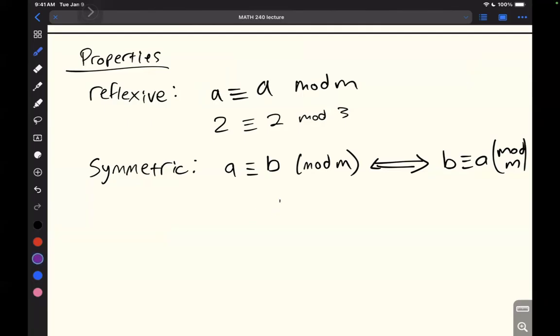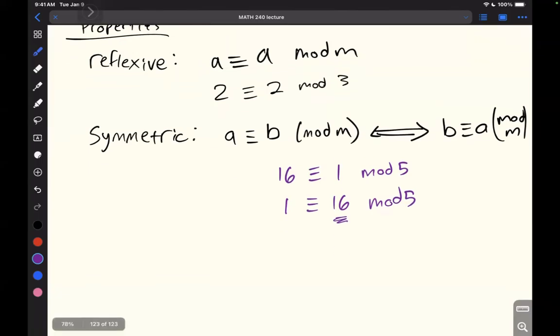If we have 16 is congruent to 1 mod 5, then 1 is congruent to 16 mod 5. The right-hand side isn't fully reduced, but it is true. When we're working in modulo 5, 16 is equivalent to 1 is equivalent to 16. That's the symmetric property, so we can switch them around.